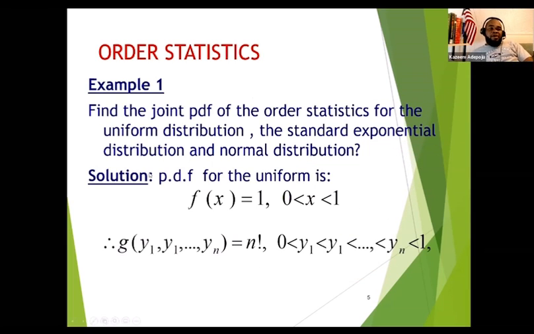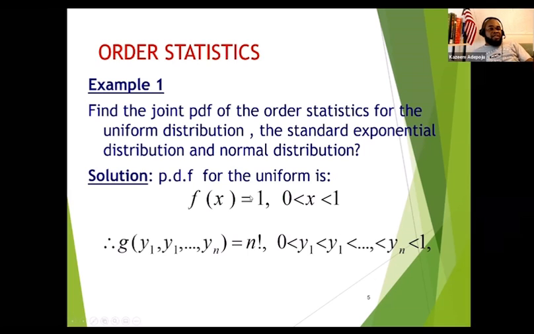Now, I think I walked you through an example of the uniform the other time, where f of x equals 1, where the range lies between 0 and 1. Now, what if you are asked to find the joint PDF of the order statistics for the uniform distribution, and you can do the same for the standard exponential and for the normal as well.